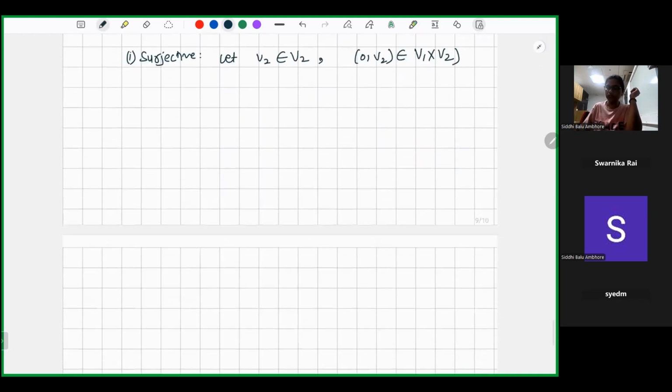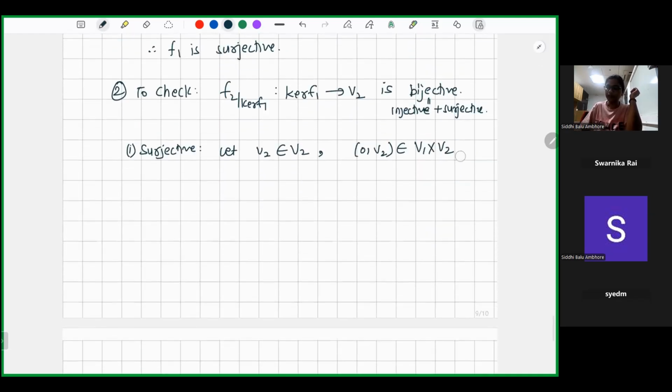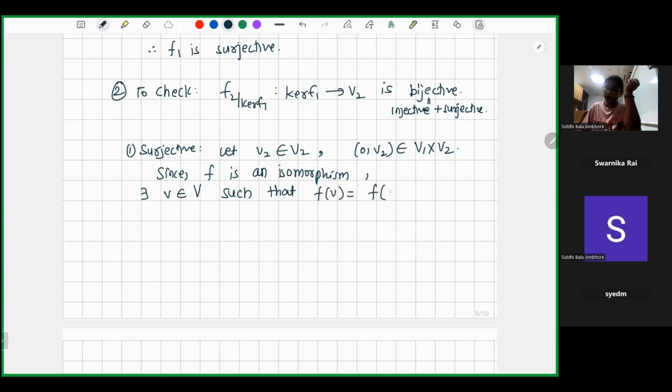But yeah, for this V2, we have this element here. And since F is surjective, F is an isomorphism, there exists some V in V such that F of V is 0 comma V2. But what is this?